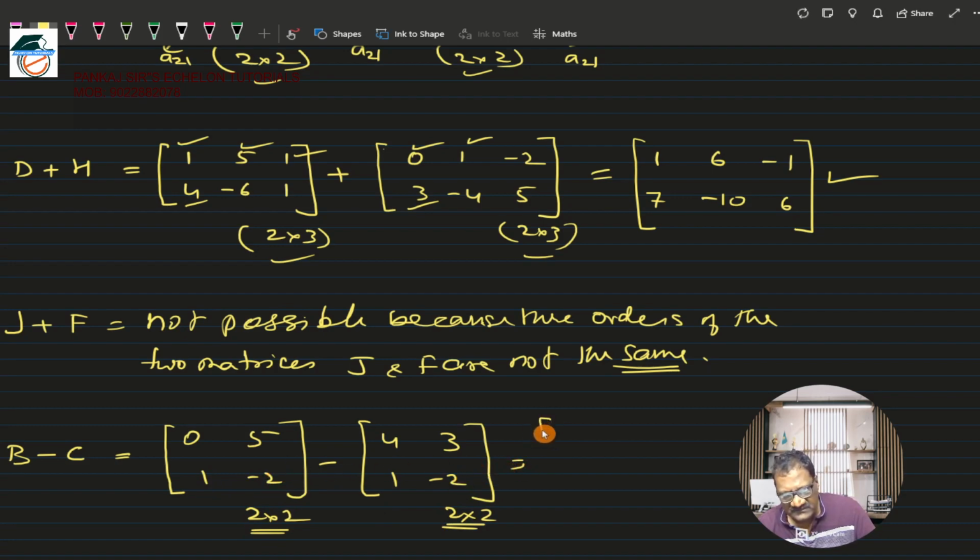Okay, now since the subtraction is possible, what will be the answer? The resultant will be 0 minus 4, corresponding elements you have to subtract this time. Okay, 0 minus 4 will be minus 4, then 5 minus 3 will be 2, then 1 minus 1 will be 0, and minus 2 minus a minus 2, that is minus 2 plus 2, will be 0.